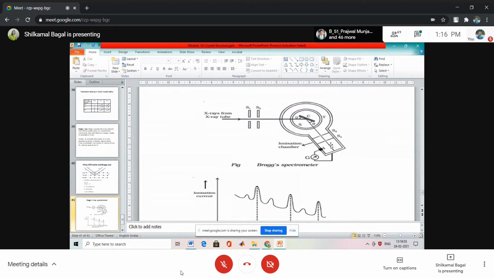It will depend on how much ionization there is. And how will the ionization be more or less? It will depend on the energy of the reflected X-rays. That is nothing but the intensity of the reflected X-rays.